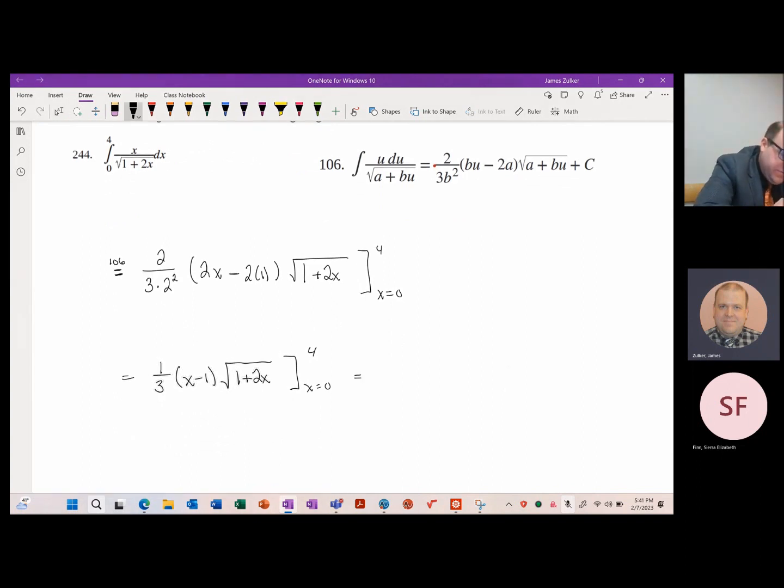So that becomes 3 over 3, which is 1, times the square root of 1 plus 8, 9, so that's just 3, minus. Now when x is 0, negative a third times root 1, so plus a third. And we get 10 thirds.